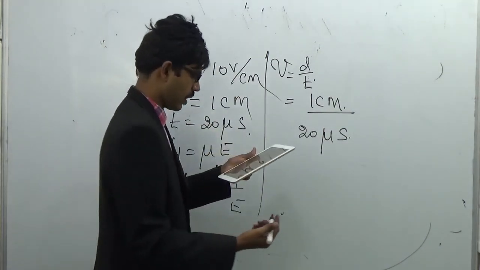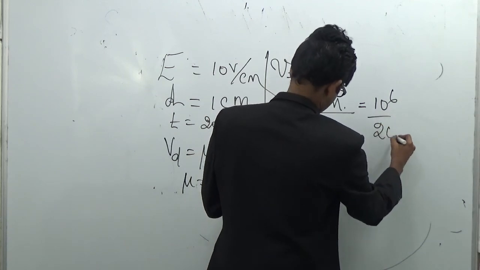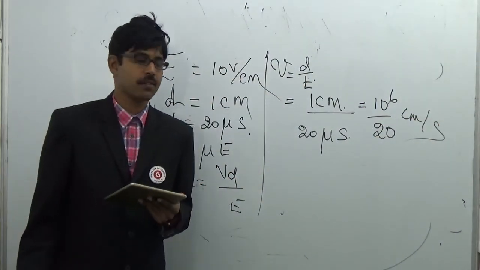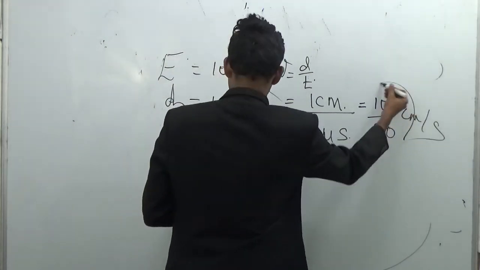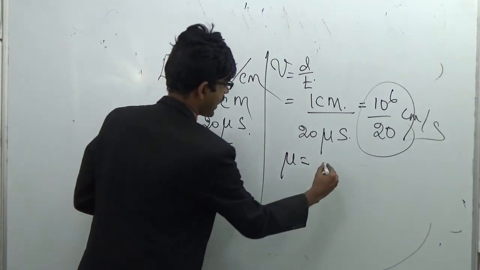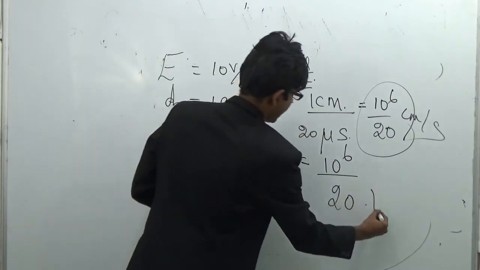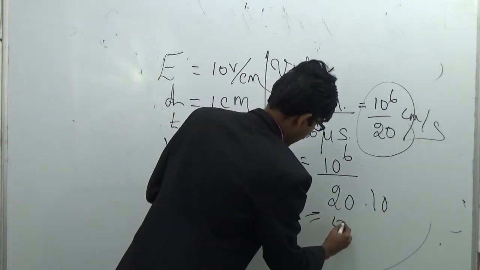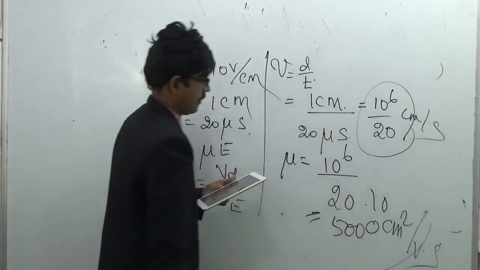So your velocity is going to be equal to 10 to the power 6 by 20 centimeter per second. Because microsecond is 10 to the minus 6, it goes to the numerator, becomes 10 to the power 6. This is the velocity. Now we can calculate mu, which is velocity divided by E. So 10 power 6 by 20 divided by the electric field, which is 10 volt per centimeter, whose value is 5000 centimeter square per volt second.